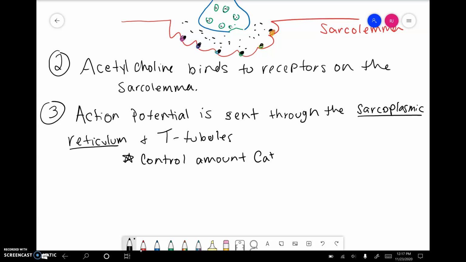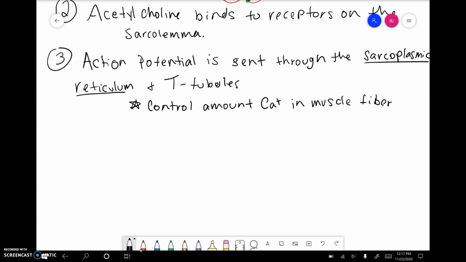So it controls the amount of calcium in muscle fibers. But it's not going to release this calcium until we see this action potential happen here, which is going to bring us to step 4. So for step 4, we're going to see that calcium, C+, is released.